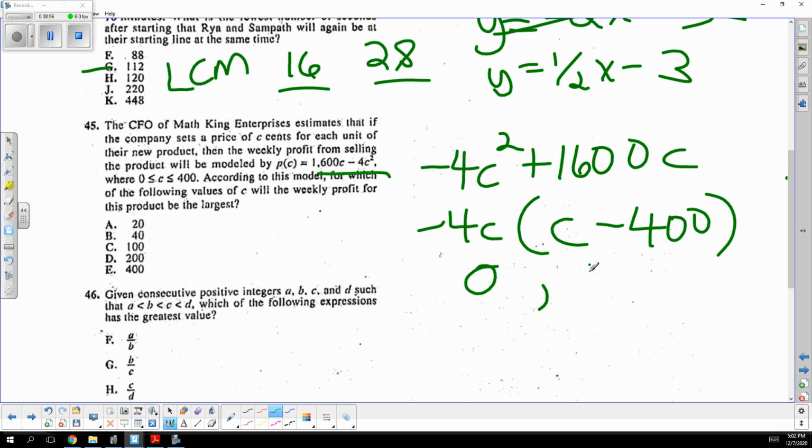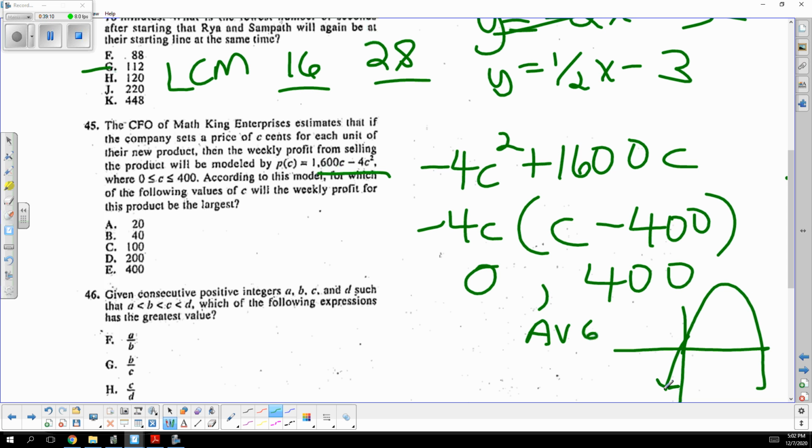So 2 and 400 are the zeros. The highest point is in the middle, or the average of the zeros. If you're looking at a parabola graph, the average of the two zeros is where it touches in the middle.